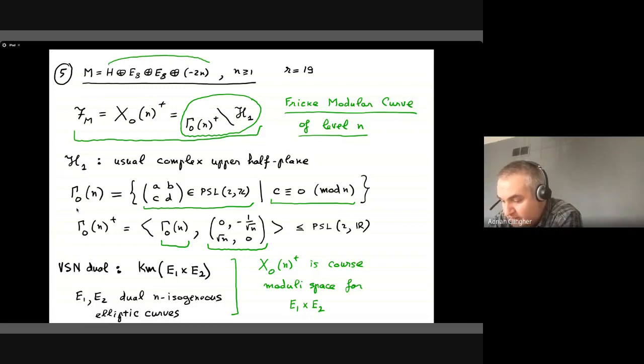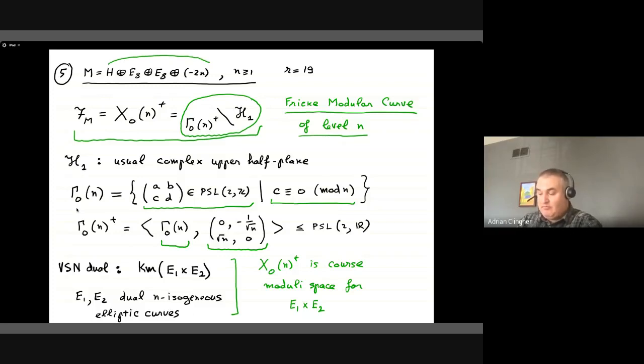I'm not going to go into much detail for this class of K3s because this will appear very nicely in the context of a rank 18 example. But let me just say here that, for people who are familiar with this quotient, say from number theory, one could see that this also classifies pairs of n-isogenous elliptic curves.